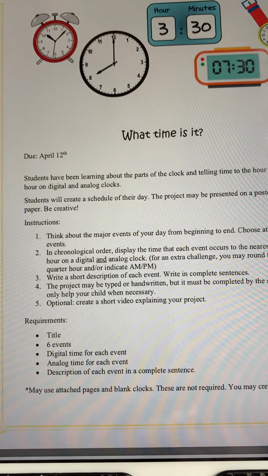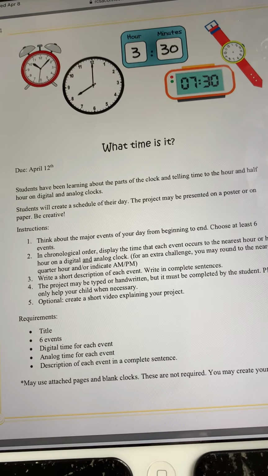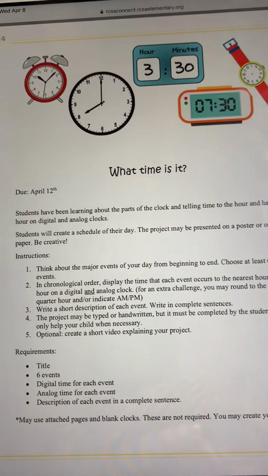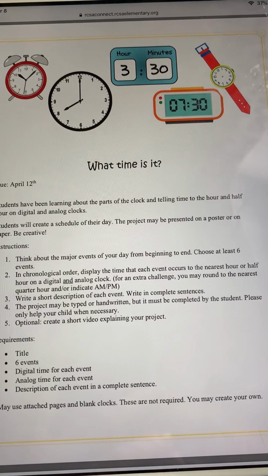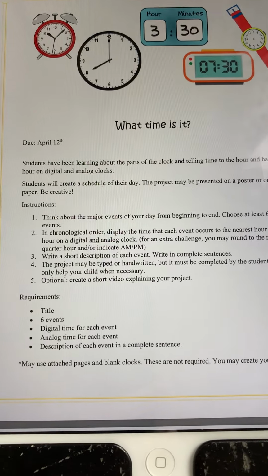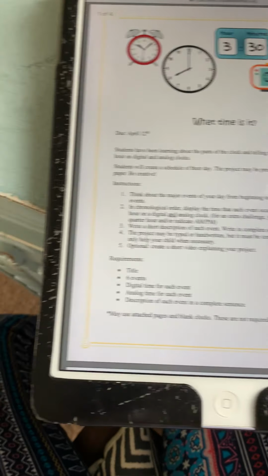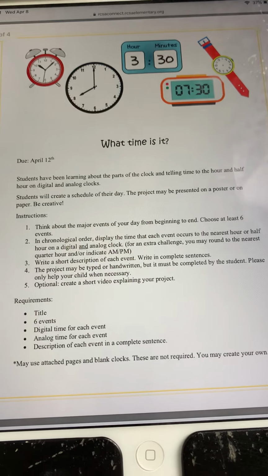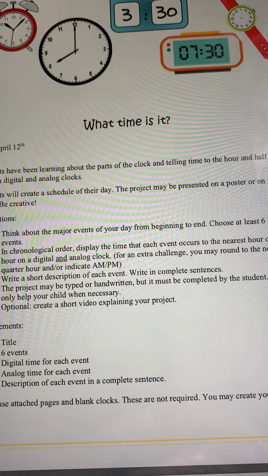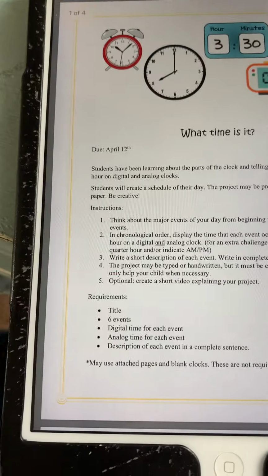Basically you're going to make a project about what you've been doing all day long and choose 6 different times, and you can give us a rundown or a summary of your whole day. For example, at 7 o'clock I wake up, and then I would draw a picture of that, and then write the number 7 and then 00.